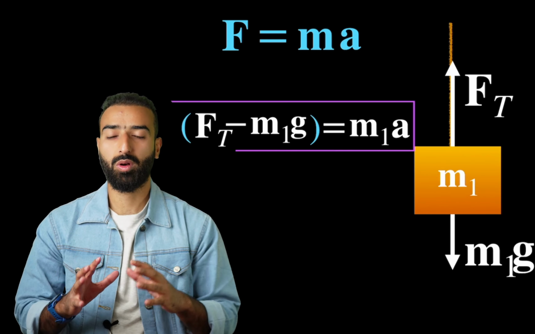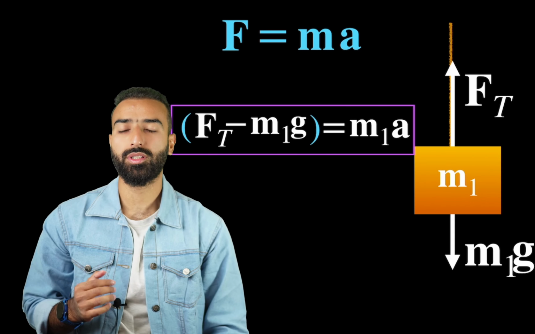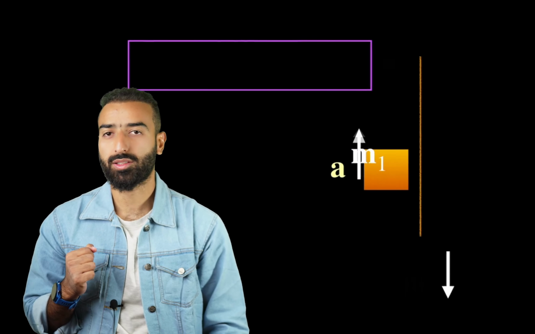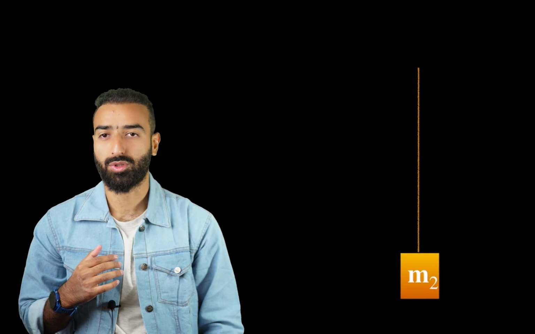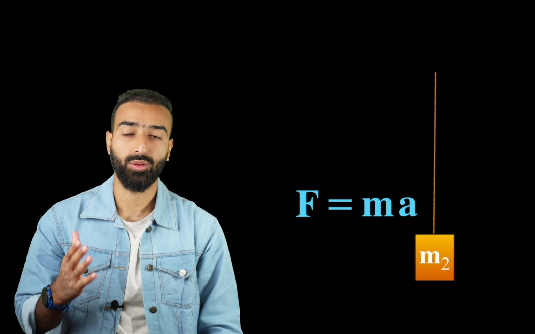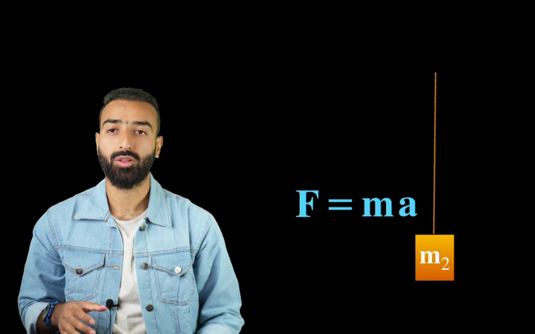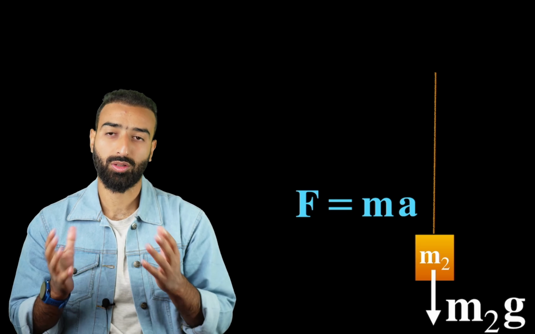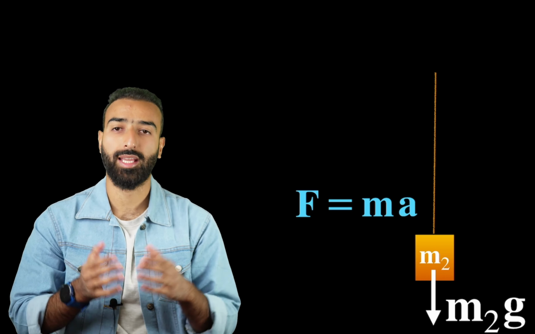Now we want to get the next equation. In order to do that, let's focus on block M2. Hopefully we'll use F equals ma and get the other equation. Once again, the force of gravity, also known as weight, is going to pull it down and the magnitude of that force is m2g.